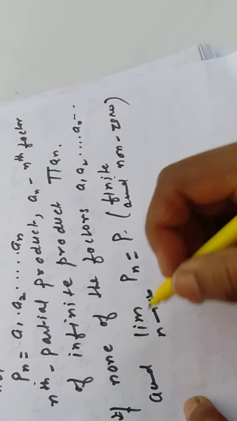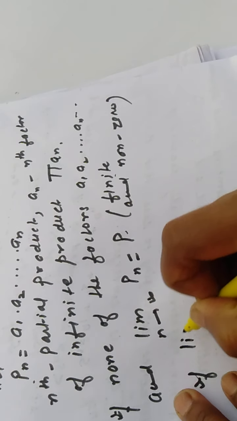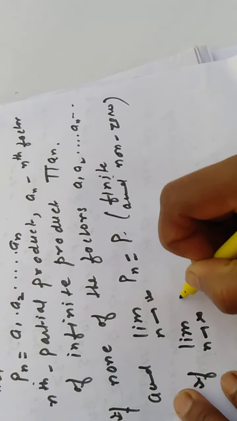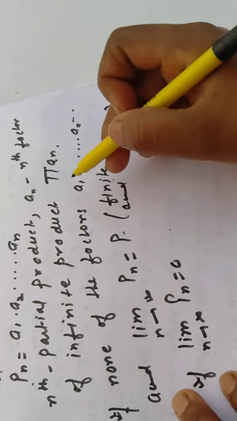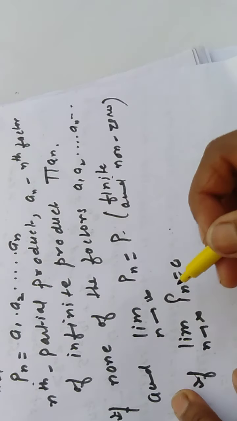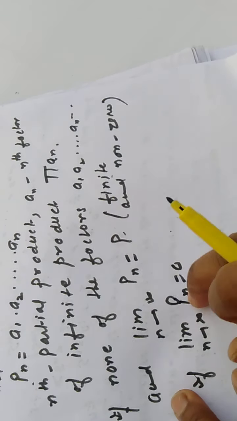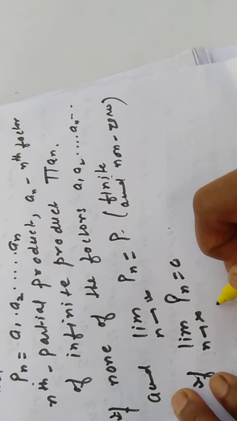If limit n approaches to infinity, Pn is 0, none of the factors is 0 but the limit is 0, then we say that the product diverges to 0.